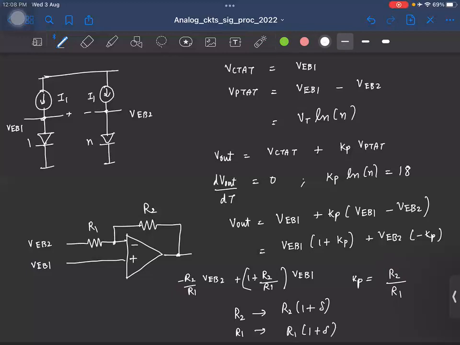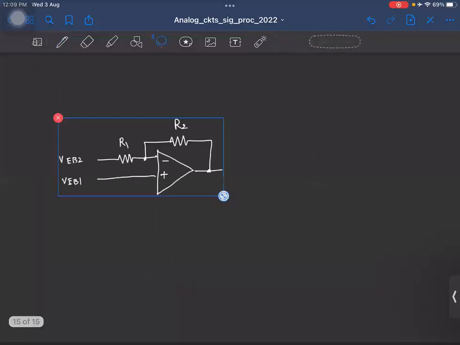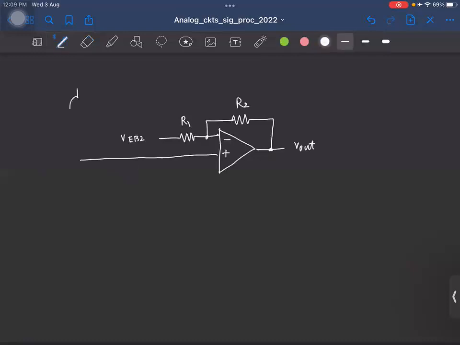Okay. So now let's put everything together and form the complete circuit. So let me just copy paste this. So this is my V out, and VEB1 is the drop of one forward bias diode. So I will do this.